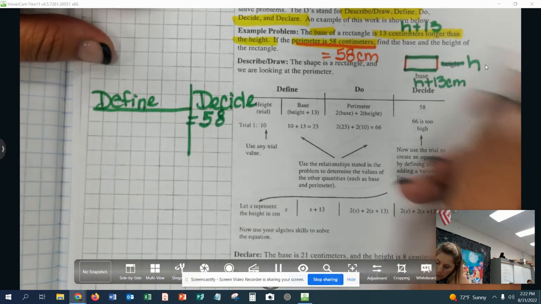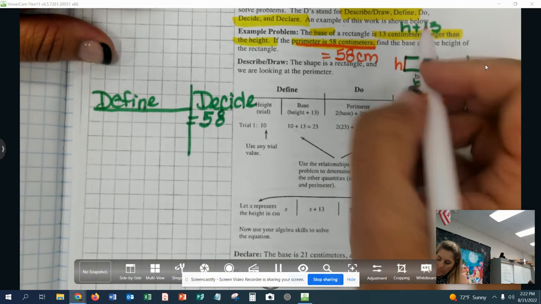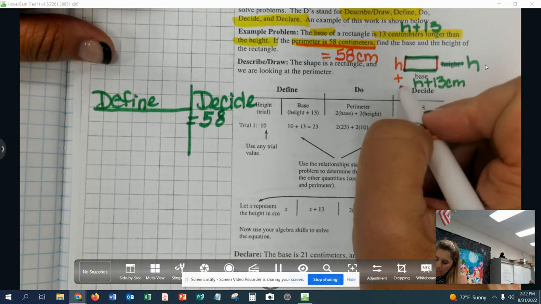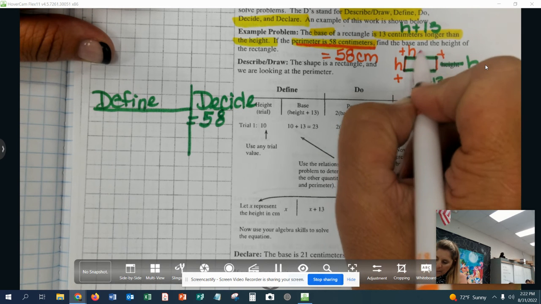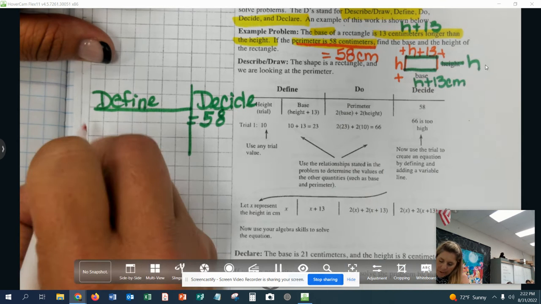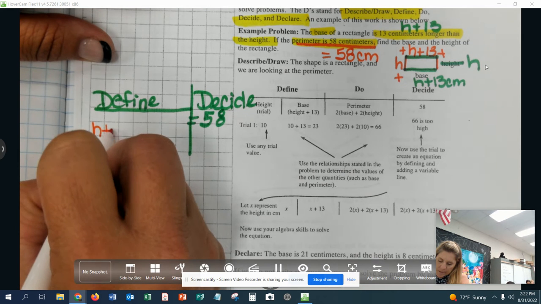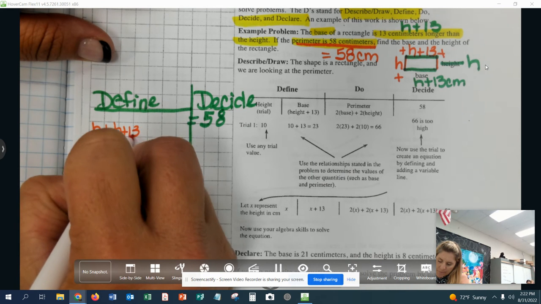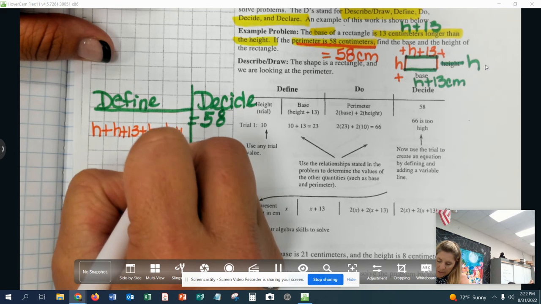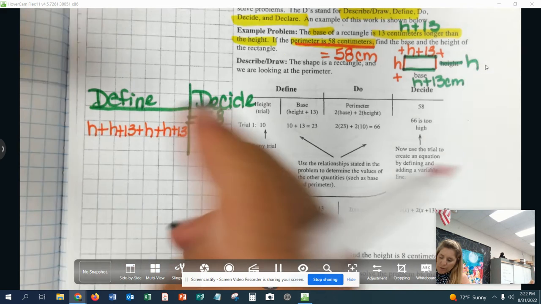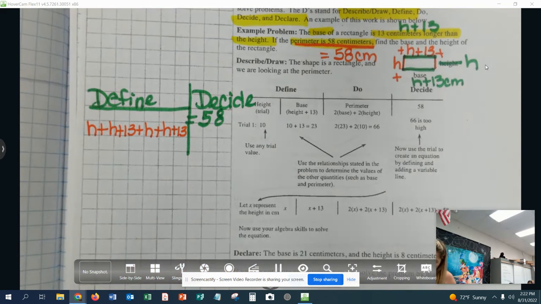It's going to be the h. Remember, the perimeter is h plus 13 plus h plus 13. So watch this. h plus 13 plus h plus 13.